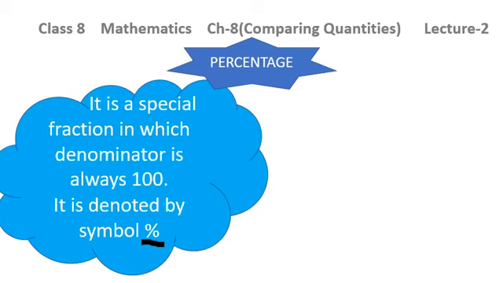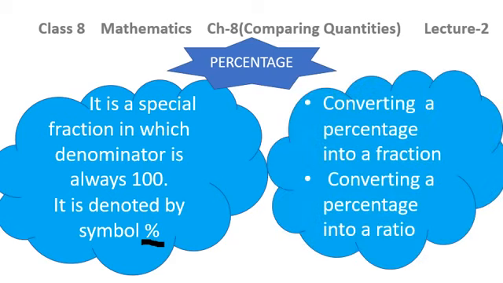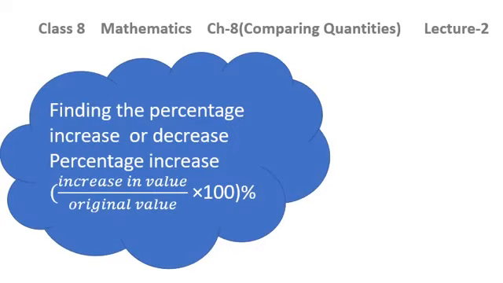Now after this, what have we learned? We have learned how to convert a percentage into a fraction, a ratio, and a decimal, and vice versa, converting a decimal into a percentage. Then we studied percentage increase or decrease. I told you one formula for this.